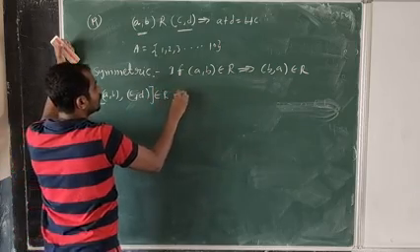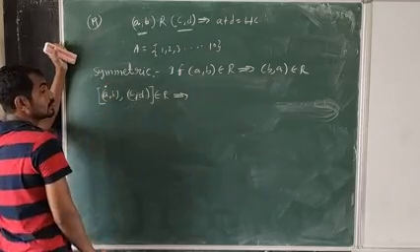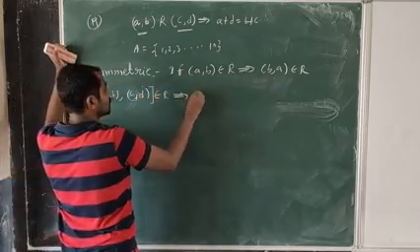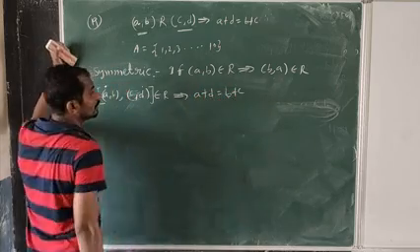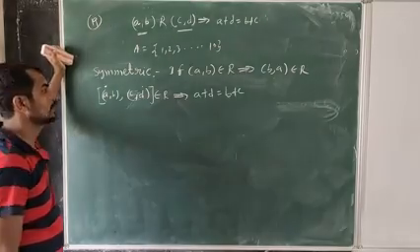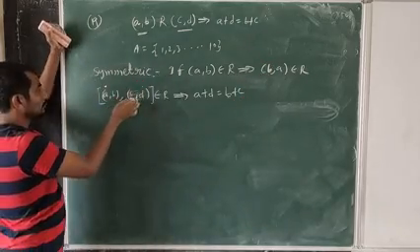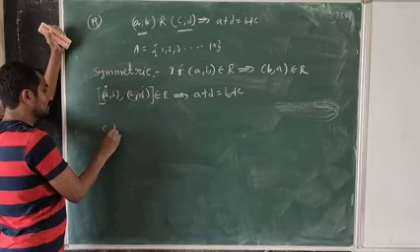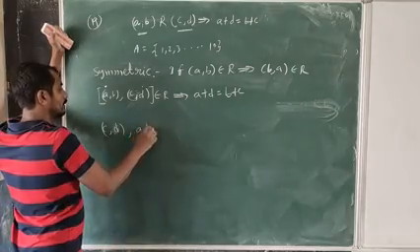What is the condition of R? A plus D: the first element of the first ordered pair and the second element of the second ordered pair, A plus B is equal to B plus C. Okay, now we have to show (B, A) belongs to R. Now see, first in B, replace it with CD, CD is there and AB is there.